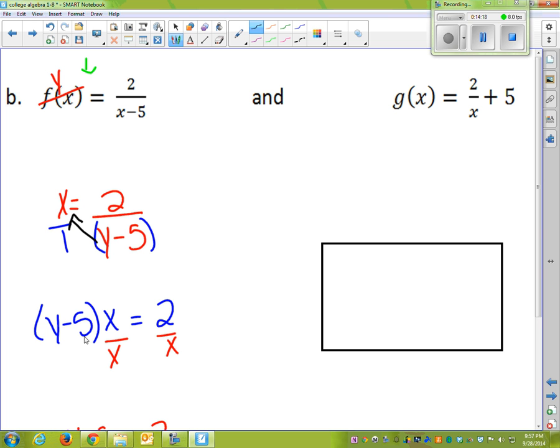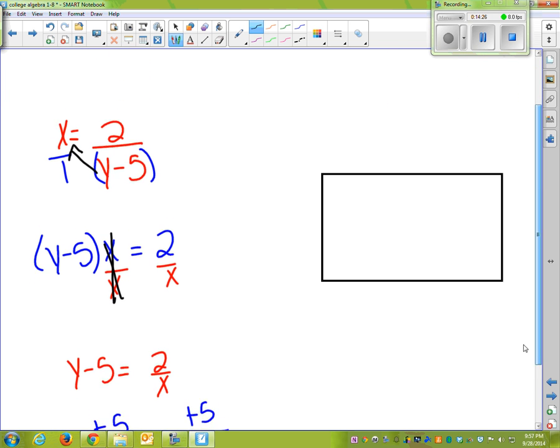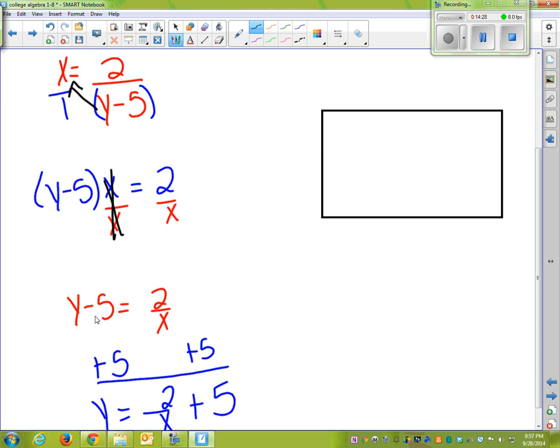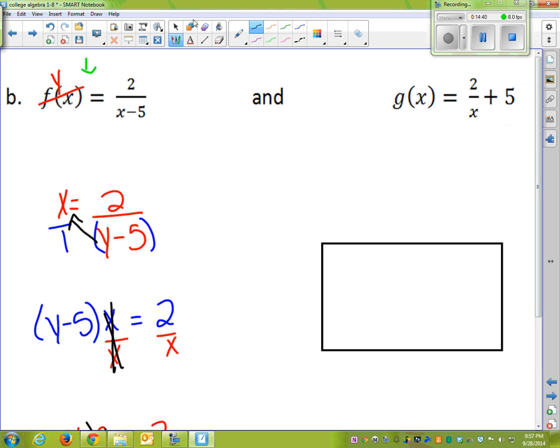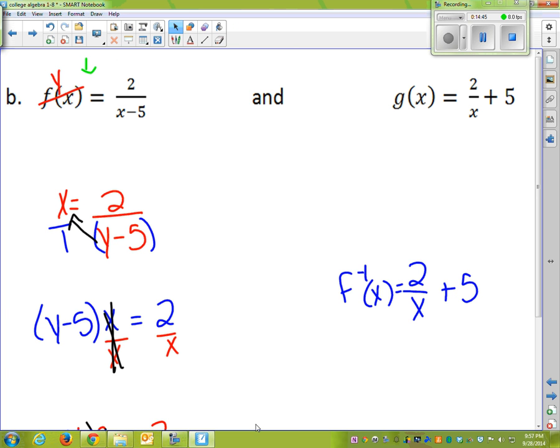I had y minus 5 times x, so then I divided by x, and I got 2 over x, which now allowed me to subtract the 5, and I had 2 over x plus 5. y was isolated, which gave me my inverse function. 2 over x plus 5, yes, they are inverse of each other. So now you can take a few moments to get started on your assignment.